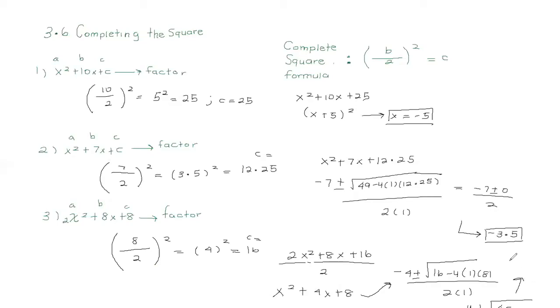And if we were to further simplify this, we would get negative 4 plus or minus 4 rad 3 over 2. And if we further simplify this, we would get negative 2 plus or minus 2 rad 3. And so our final answer is negative 2 plus or minus 2 rad 3.